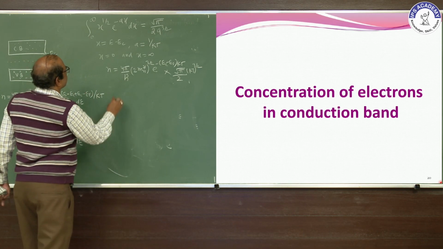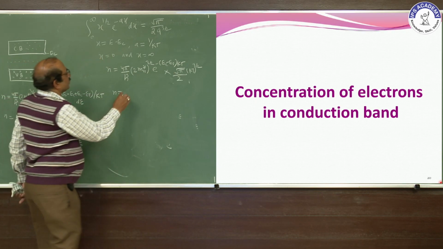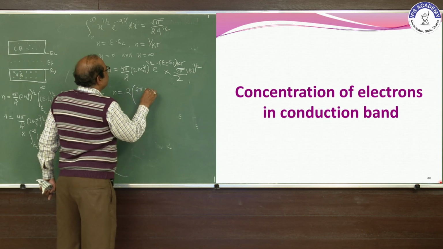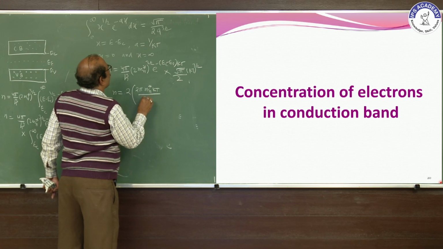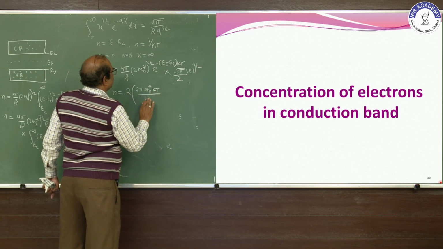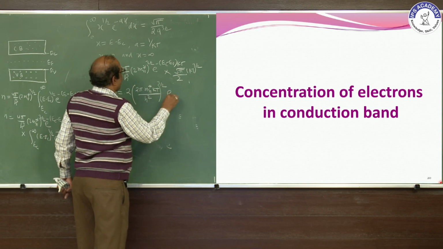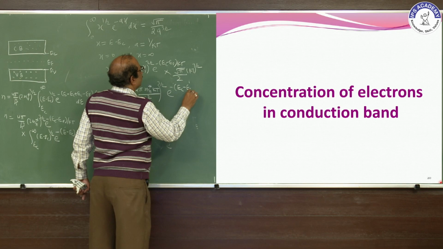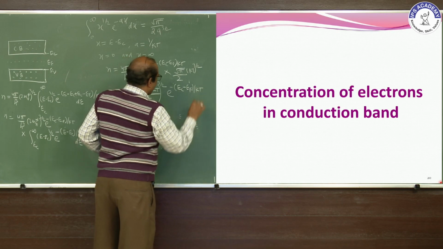So we can rearrange this equation, and the whole term can be written as 2 times (2 pi mn star kT upon h square) to the power 3 by 2, into e to the power minus (Ec minus Ef) by kT.